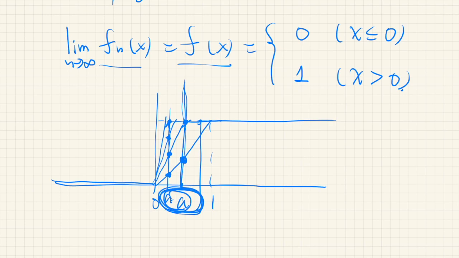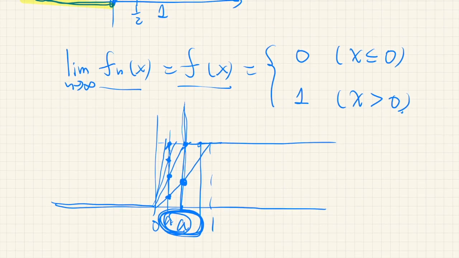So in this case, the continuity of each function is not inherited in the limiting function. Uniform convergence implies more nice properties.